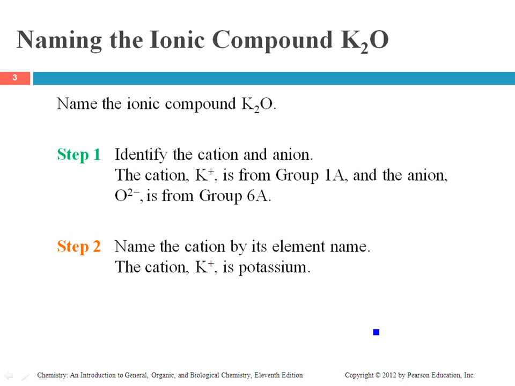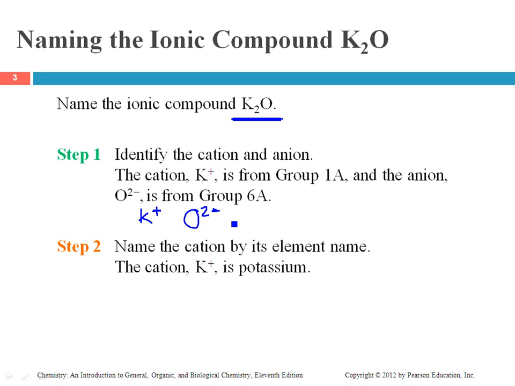So we want to name the ionic compound K2O. First you want to identify the cation and anion. So we know that K is in group 1, and the anion is in group 2. Just a reminder, how we came up with this formula is that our charges have to balance in order for us to know what our subscripts are going to be.